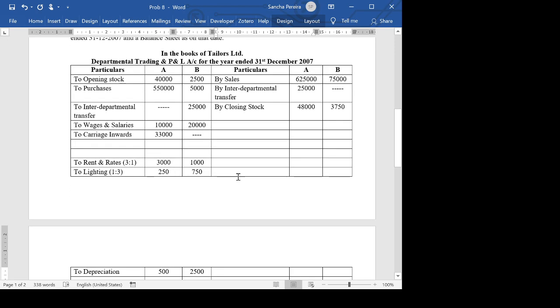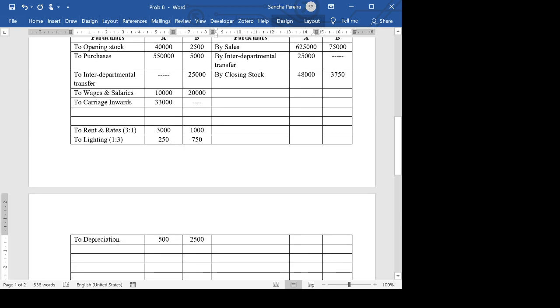If I take this total, the total here comes to 6,98,000, and on this side credit is heavier than the debit, 78,750.